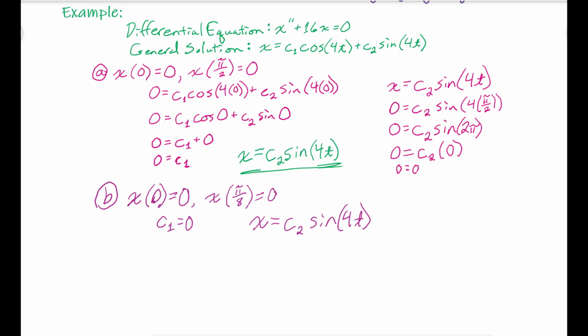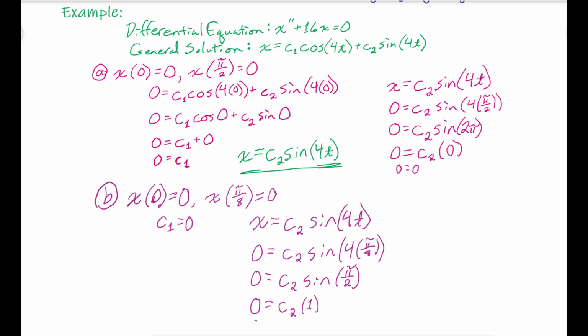So I'll plug in pi over 8 for t and 0 for x. So I have 0 equals c2 times sine of 4 times pi over 8. Now 4 times pi over 8 is pi over 2, so I'll have 0 equals c2 sine of pi over 2. Now sine of pi over 2 is 1, so that gives me 0 equals c2 times 1, or just 0 equals c2.